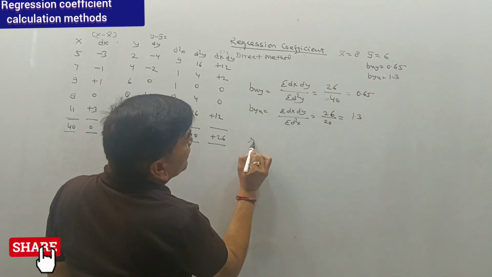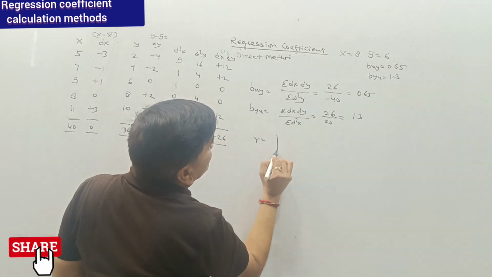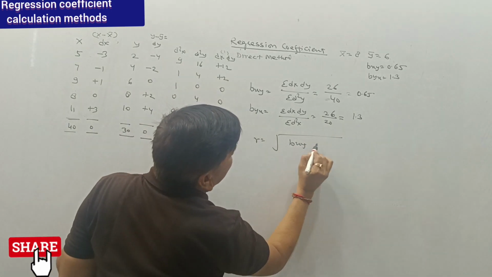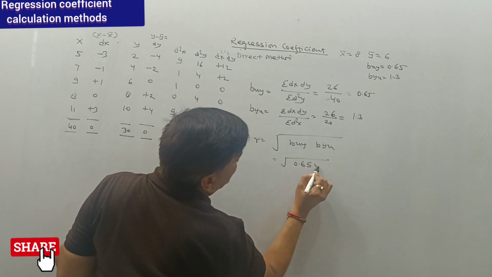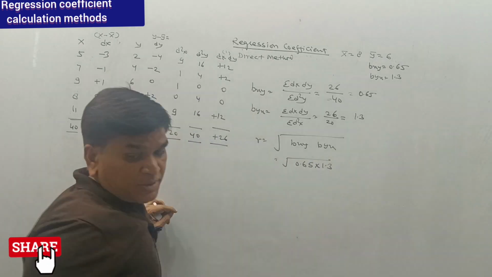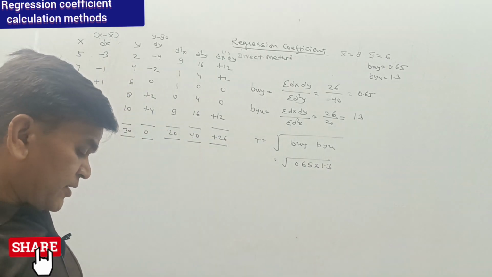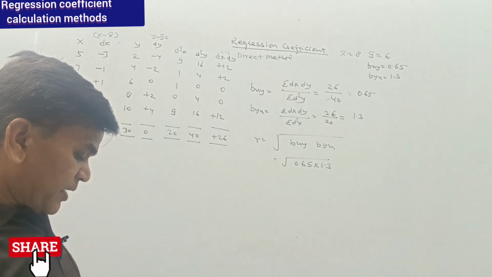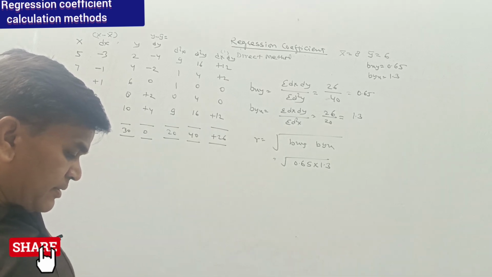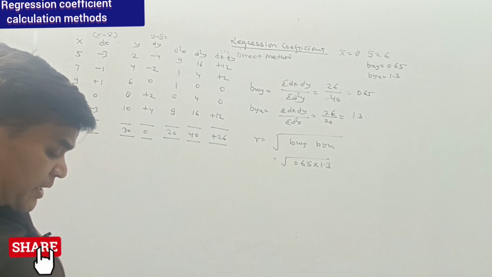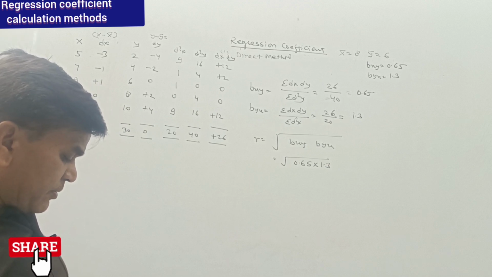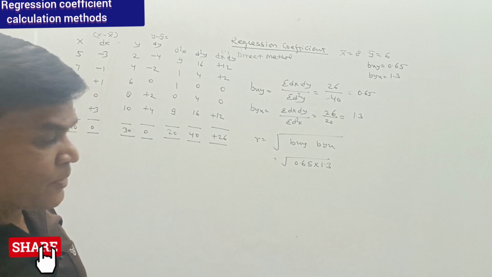If they ask the value of r, the correlation, that is the square root of Bxy multiplied by Byx, that is 0.65 multiplied by 1.3. So the value of r can also be calculated: 1.3 multiplied by 0.65 is 0.845, and under root, that is 0.92.